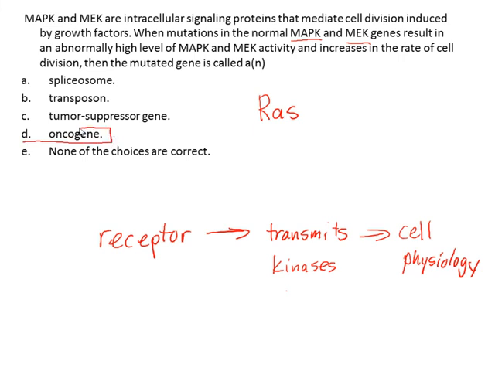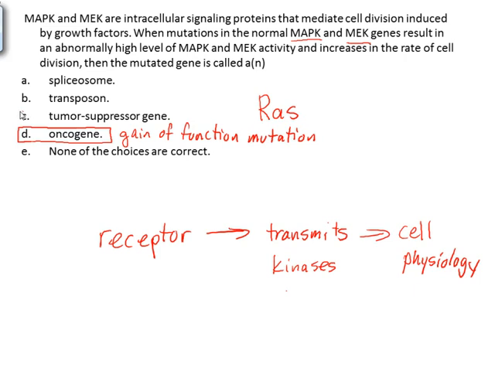That's an oncogene. We're going to see oncogenes result from gain of function mutations, in which we see an increase in protein activity, or we may see an increase in protein levels, all of which are going to accentuate the desired result, in this case, cell division.